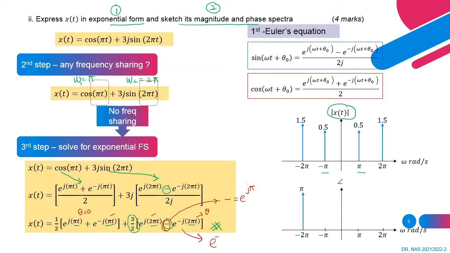So you have e^(-j2πt) multiplied with e^(jπ), giving a phase shift of π. That's why at negative 2π, there's a phase shift of π to convert the negative into positive.